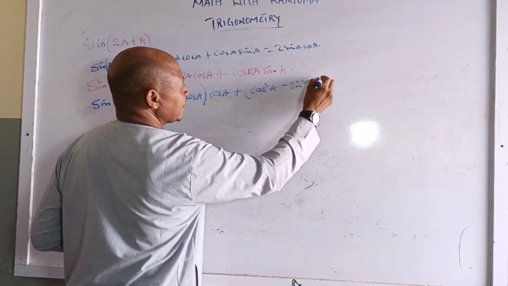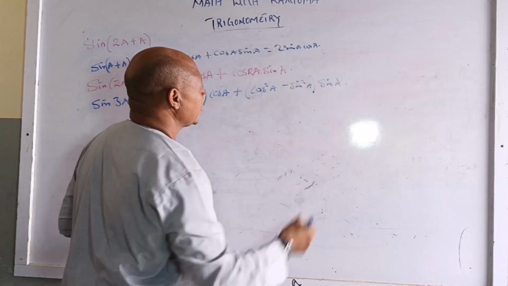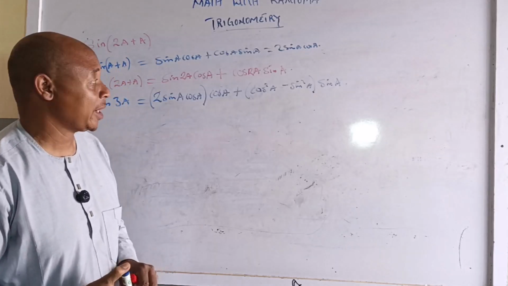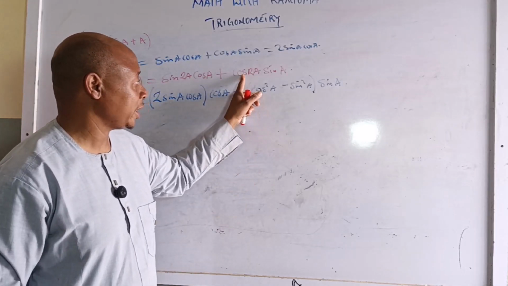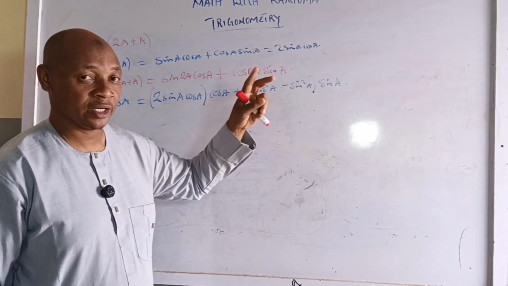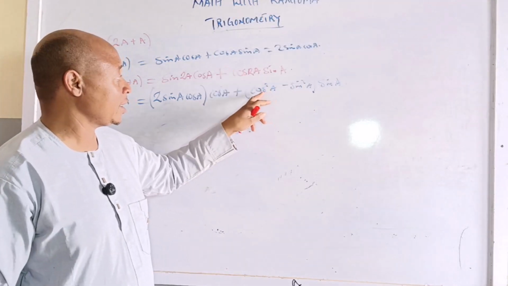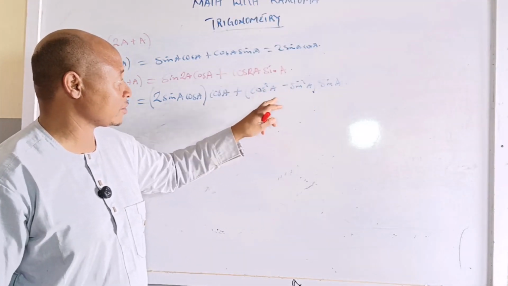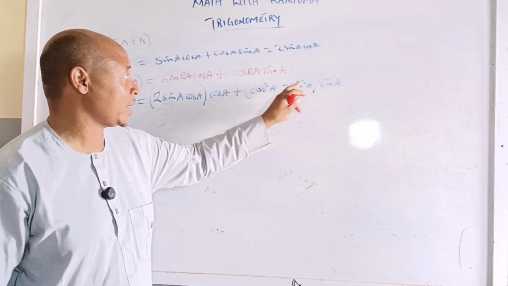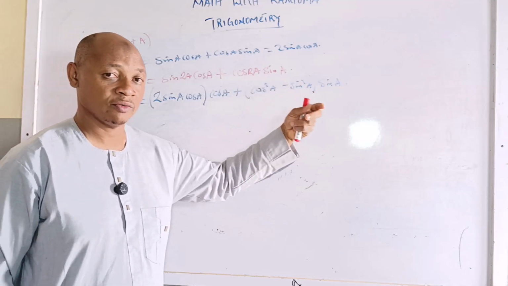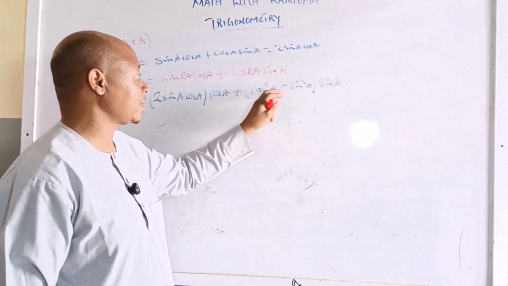So now we multiply it by this sine a. You remember this value of cos 2a. We have cos 2a in three forms, but we are using the first value, cos square a minus sine square a, as the value of cos 2a, meaning cos of a double angle. Cos of a double angle is given by this.